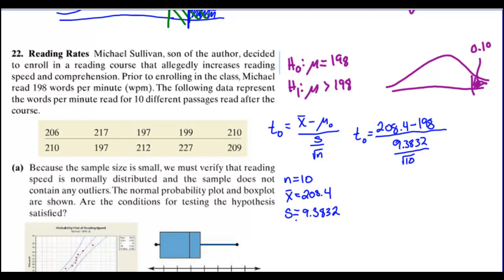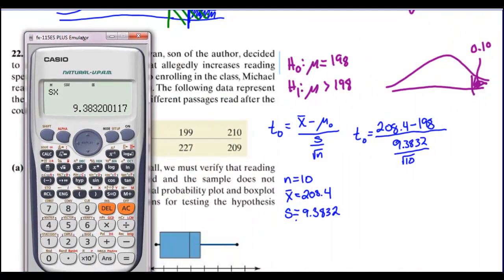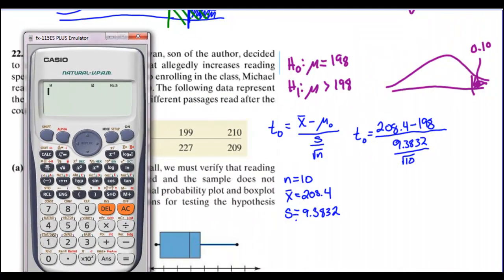So we're going to have our calculator calculate that for us. I'm going to go back to Mode 1, so we're going to have a nice fraction: 208.4 minus 198 over 9.3832 divided by the square root of 10. And we're going to get 3.505.